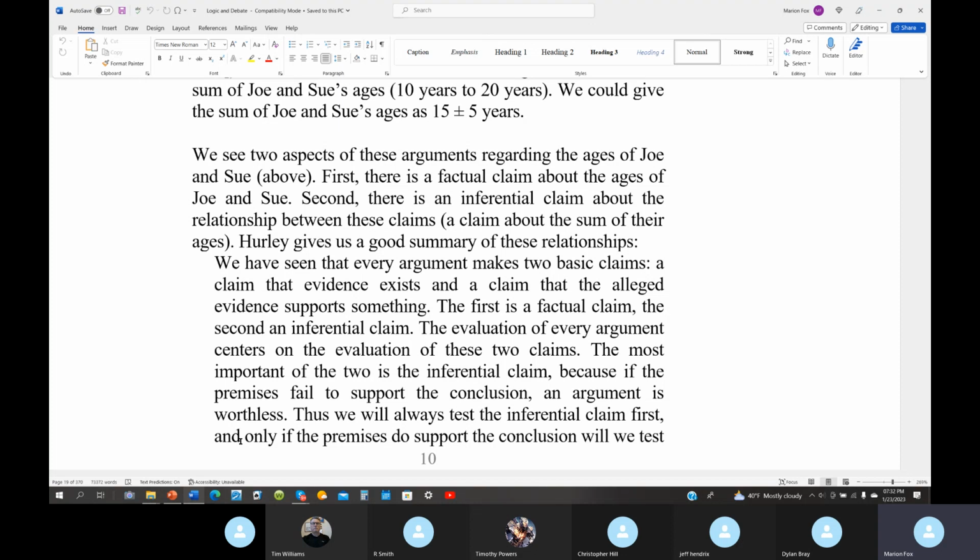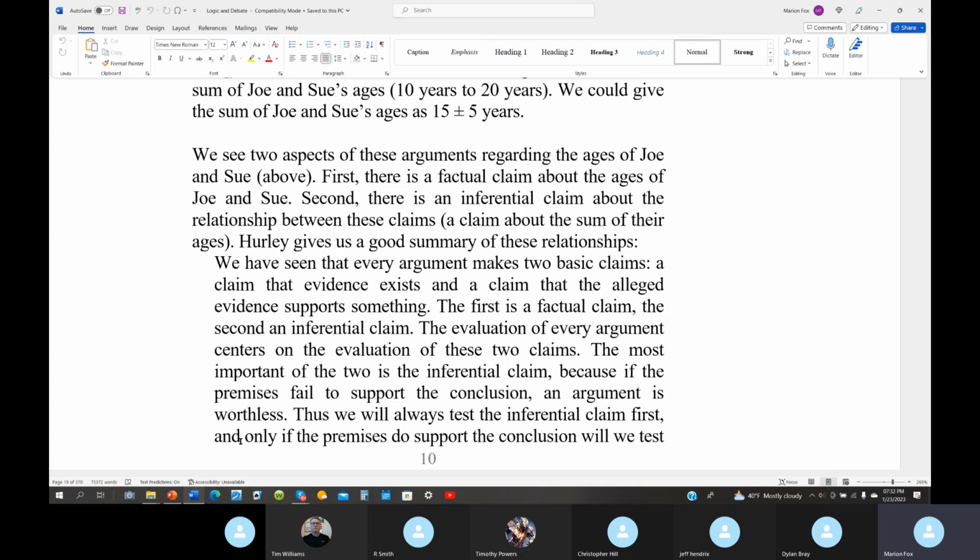So there are two aspects of these arguments regarding the ages of Joe and Sue that we covered last week. First, there's a factual claim about the ages of Joe and Sue. What age are they, in fact? And second, there's an inferential claim about the relationship between these claims, the claim about the sum of their ages. And the inference is they have to be added to get the sum.